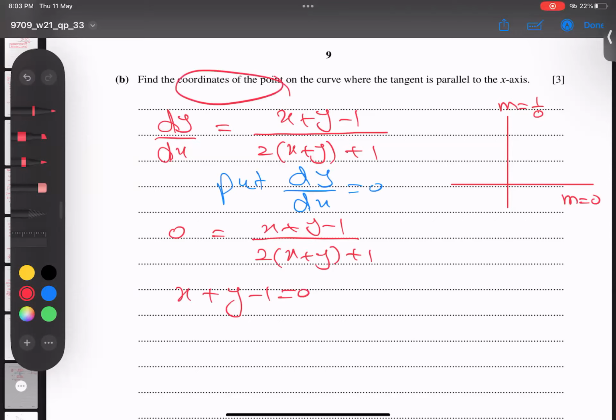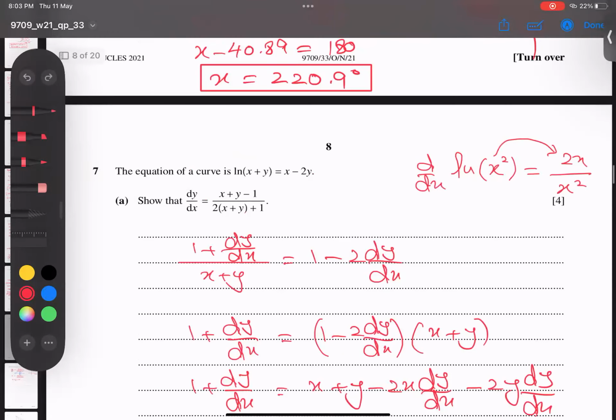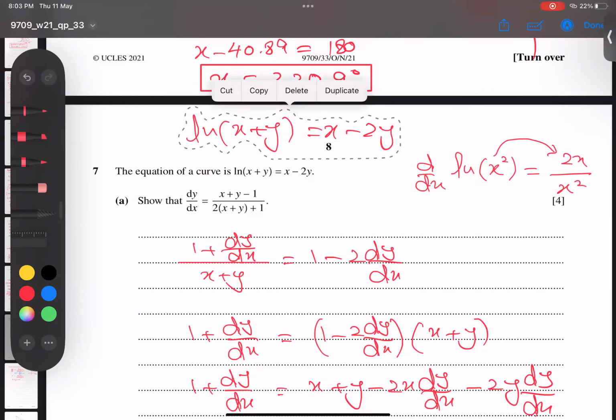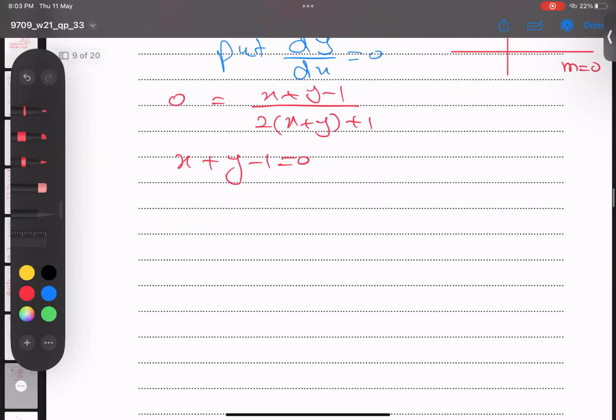But our target is the coordinates or the point. So I have to plug into the top equation, which is given here: log of x plus y equals x minus 2y. I will take this equation and paste it here.